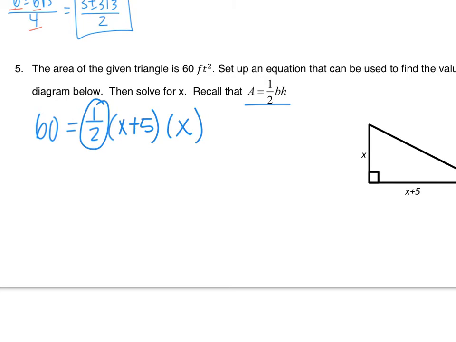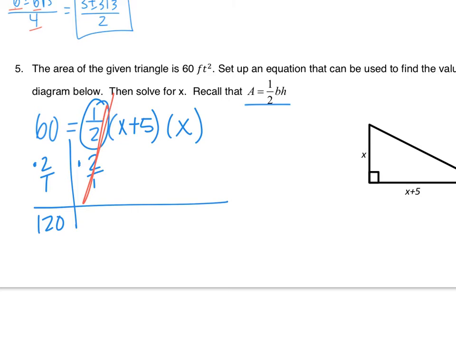I don't like having a fraction with my x's. So to get rid of the half, I'm going to multiply both sides by the reciprocal, 2 over 1 times 2 over 1. So that cancels these out, and then 60 times 2 becomes 120.